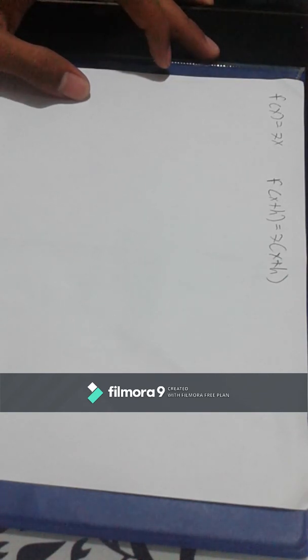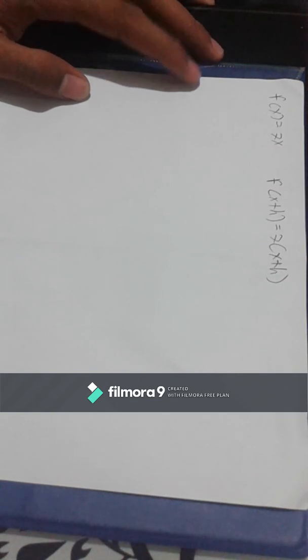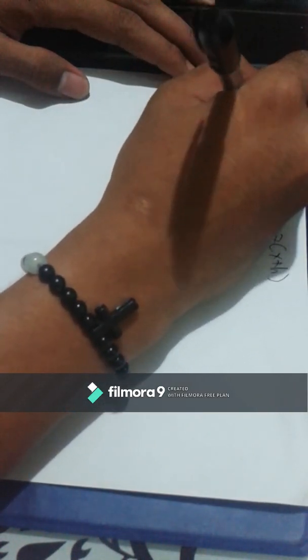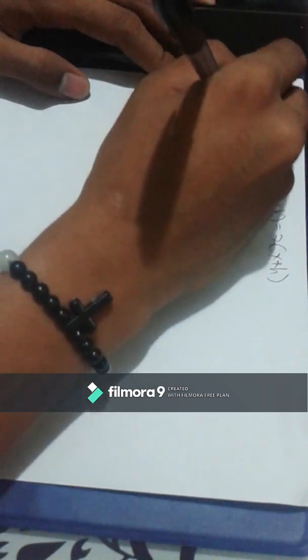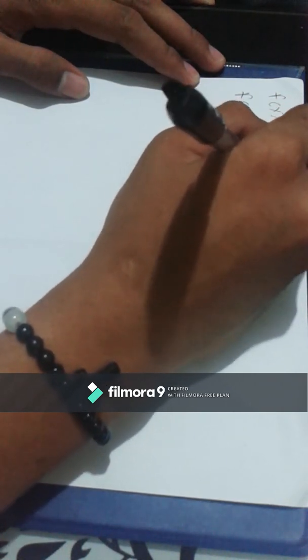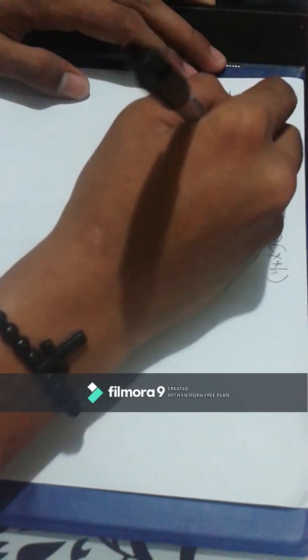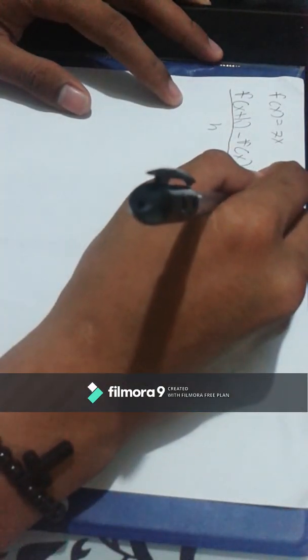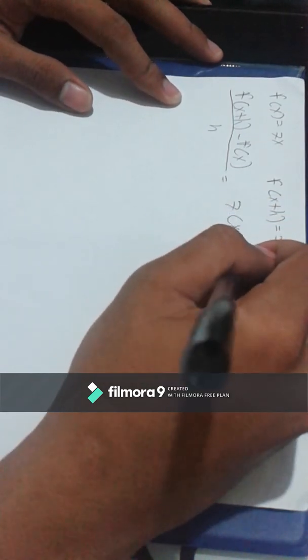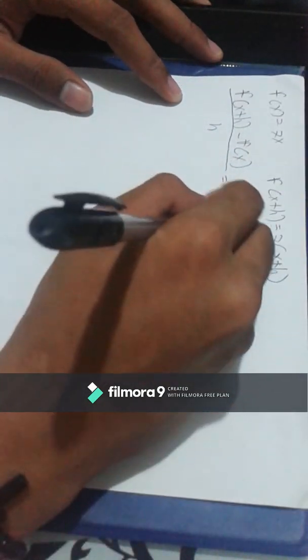Now we have f of x equals 7x. So f of x plus h minus f of x over h equals 7 times (x plus h) minus 7x over h.